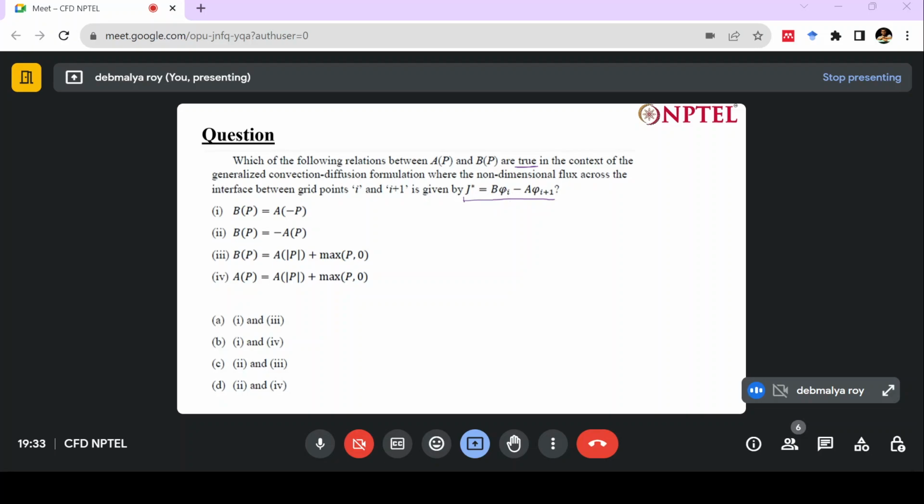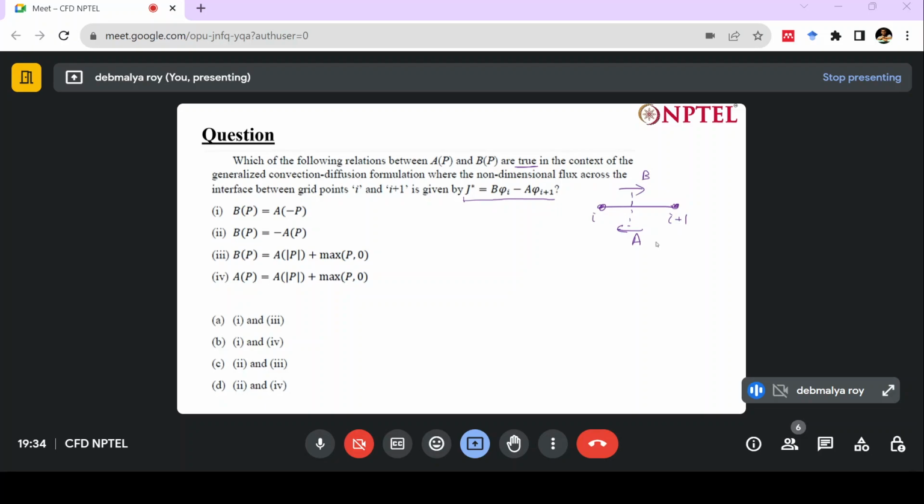So from i to i plus 1, any flux that is going is being multiplied with B, and whatever is coming back is multiplied with A. If the Peclet number is reversed, that means our advection flow has been reversed.